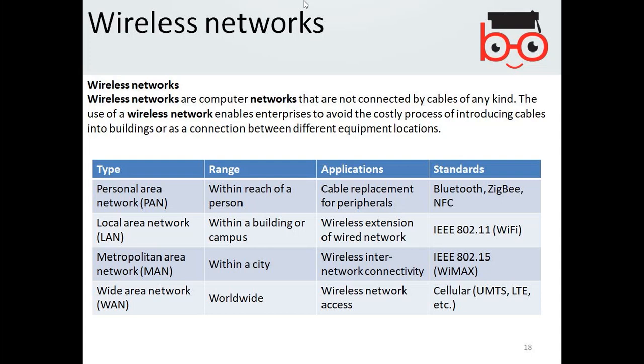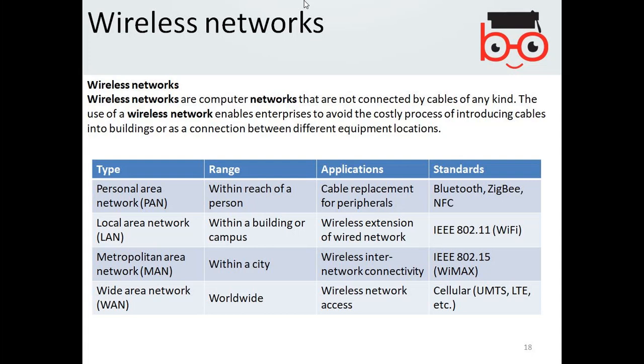Then metropolitan area network: within a city you want to create a wireless network. So the application uses wireless inter-network connectivity, and it works on the protocol of IEEE 802.15. So when you want a wireless network within a city, the standard you need is 802.15.